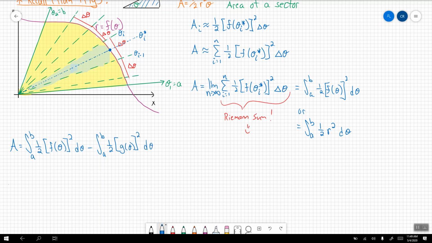Now this can be condensed because the limits of integration for each integral and the differentials are both with respect to theta and they have the same limits of integration. This can look like 1/2 the integral from a to b of f of theta squared minus g of theta squared, and this is all d theta.